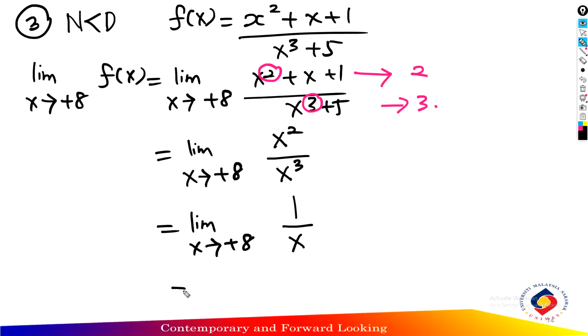Then substitute infinity into the function, 1 over infinity, and so the limit of f(x), the limit of (x squared plus x plus 1) over (x cubed plus 5) as x approaches positive infinity, equals 0.